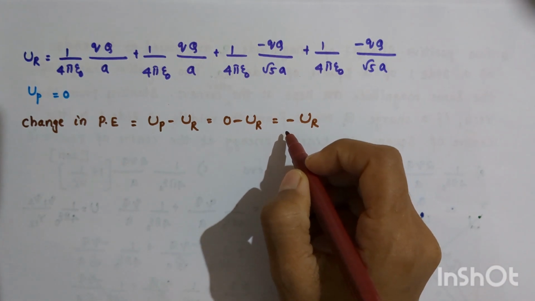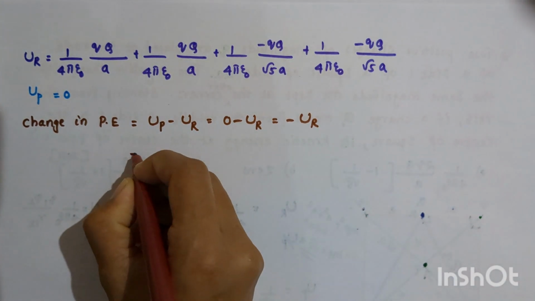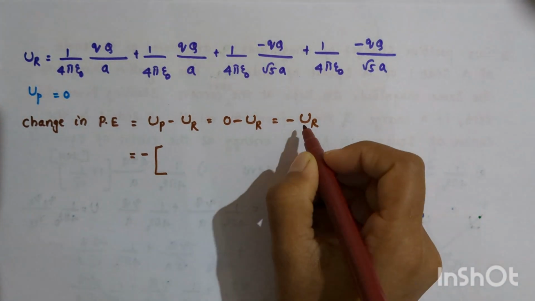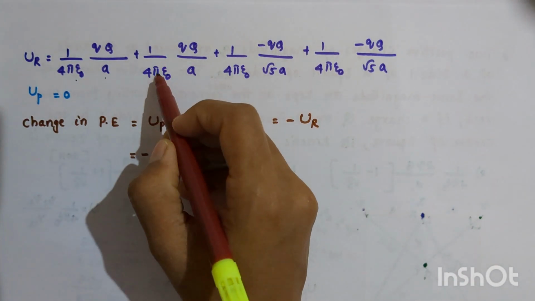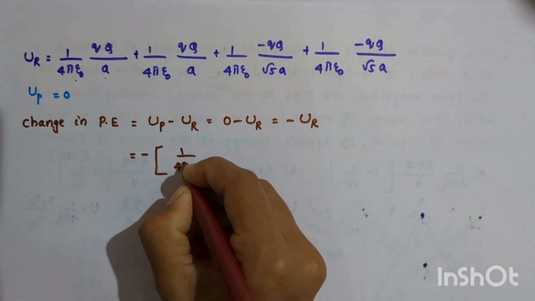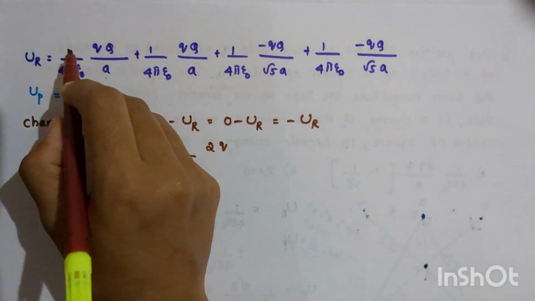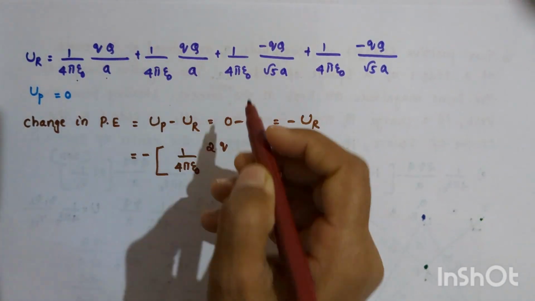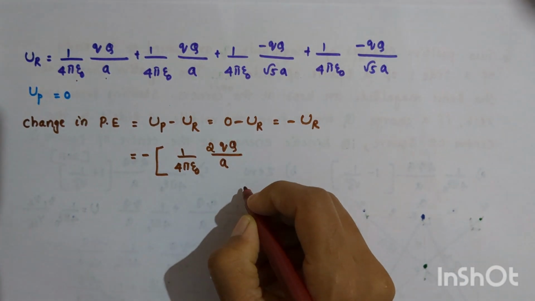The potential energy decreases when it is moving from the point R to the point P. So this can be written as minus of UR, that is 1 by 4 pi epsilon 0 QQ by A plus 1 by 4 pi epsilon 0 QQ by A. The same term repeats, so this can be written as 1 by 4 pi epsilon 0 2QQ divided by A.